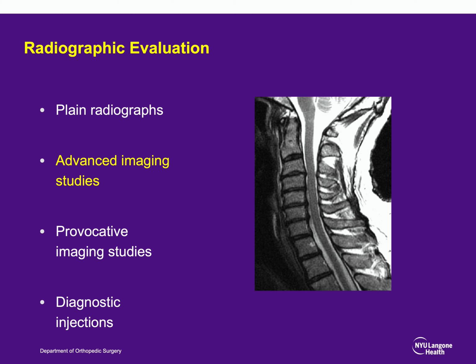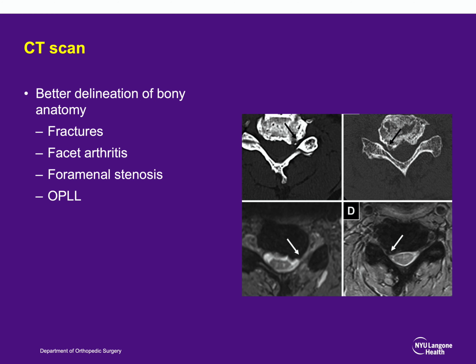Advanced imaging studies include MRI studies as well as CAT scan studies. CAT scan study is great for delineating bony anatomy. Fractures are best visualized on the CAT scan studies. It can also show facet arthritis, absence or presence of foraminal stenosis.